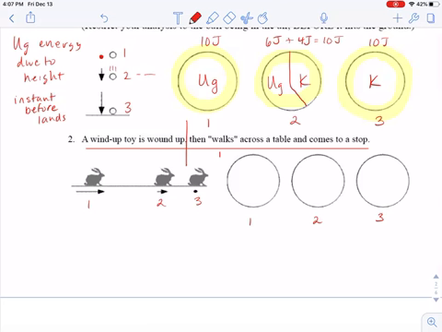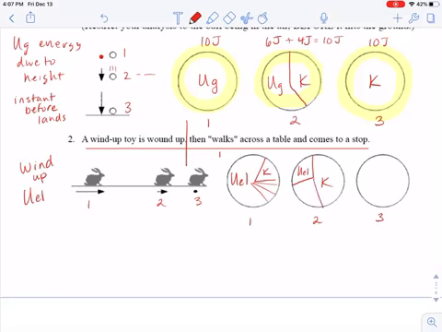So when we wind up the toy, during the wind up, we are storing energy as elastic potential energy. And once it starts walking, a little bit of it has turned to kinetic. And what happens is more and more of it turns to kinetic. So at position 2, it might not have very much spring energy left. Most of its energy might be kinetic.